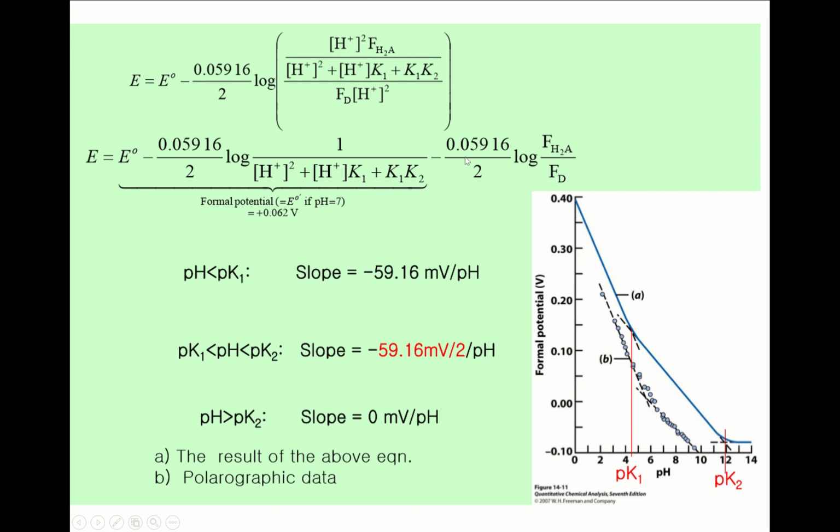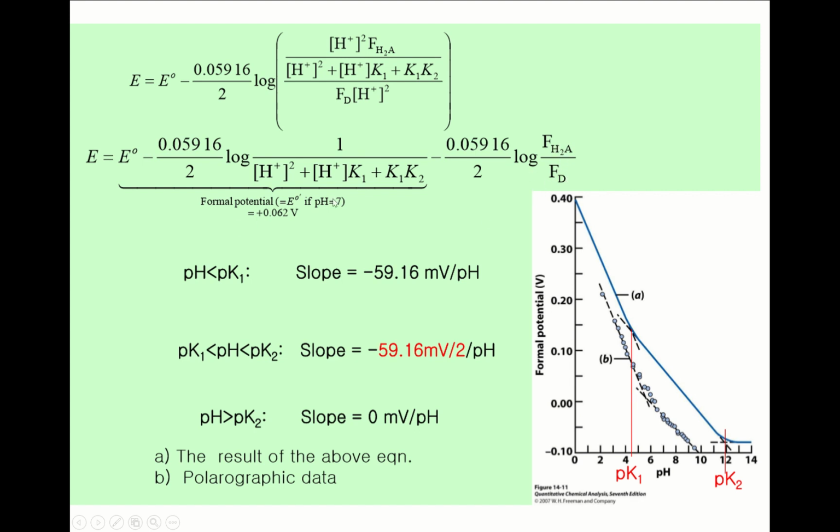We can write E equals E0 minus this constant, multiplied by log of 1 over this one, and minus this one multiplied by the logarithm of the formal concentration ratios.